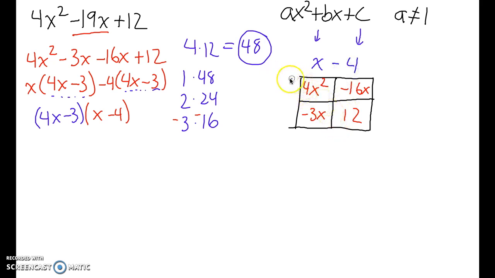Then I look over here to see what's the common factor. And actually, this one shares 4 as well and an x. So this is going to be 4x. And then this one's going to share a 3, and once again, I have to take the sign of the first one, so it's minus 3. So I can think of this as 4x minus 3 times the quantity x minus 4.